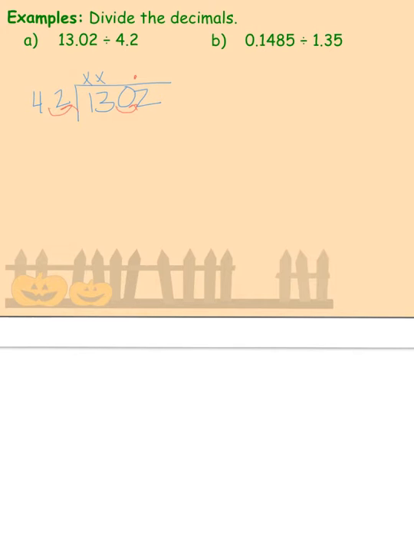So I'm going to do a little work down here and see how close to 130 we get. 3 times 2 is 6. 3 times 4 is 12. Oh, that's really close to 130. But we didn't go over. It's kind of like The Price is Right. You have to get really close, but you can't go over to win the prize. That's really close. So we're going to put our 3 here.